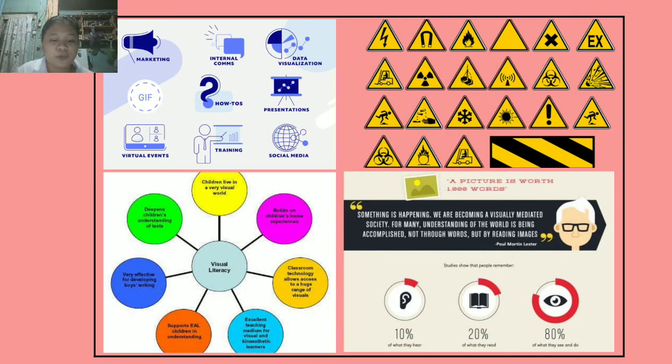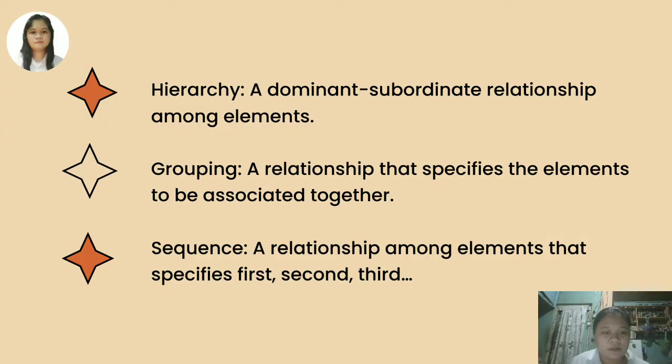We also have an organizer showing different relationship between topics. Visual communication shows hierarchy or a dominant subordinate relationship among elements. Now, when you are using an organizer, you can see which one is above first.